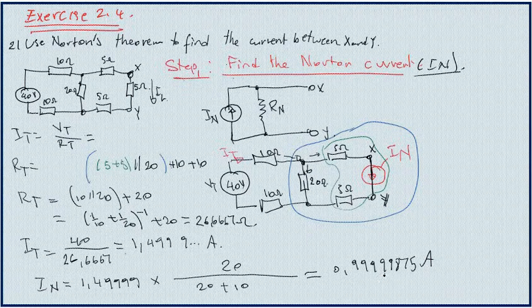So that is the Norton current. So I have the Norton current already, which is that one. Now I'm going to need to find the Norton resistance. I'm going to do it in the next slide.